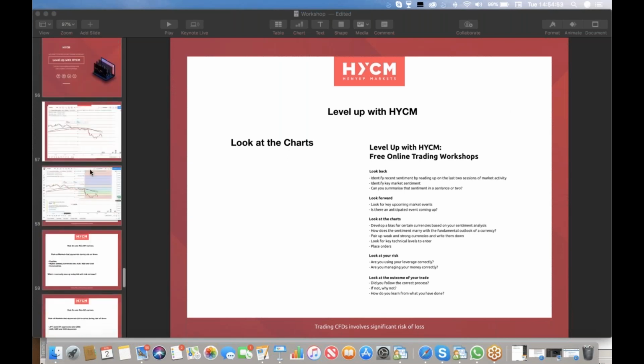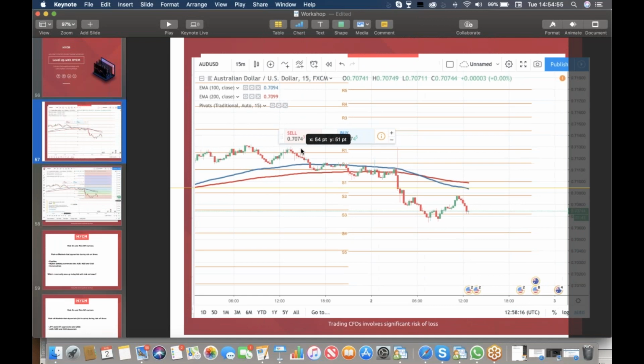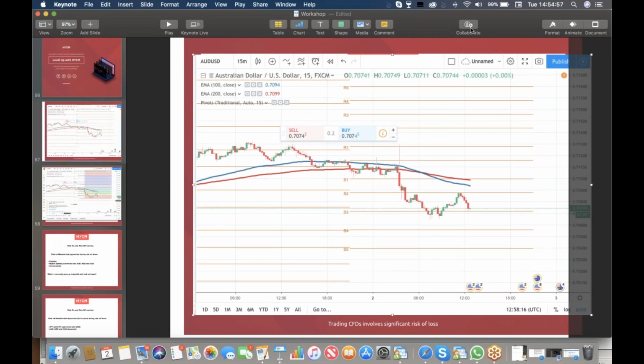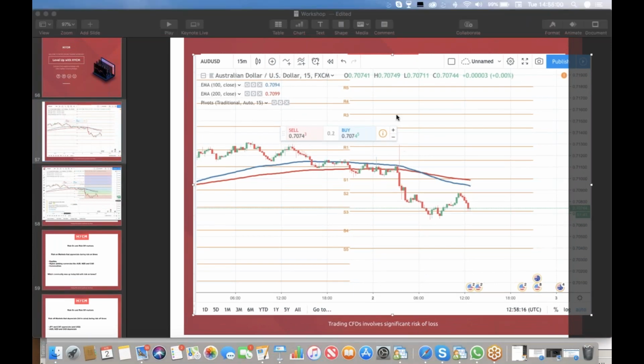Now, if you look here, here's the chart. Here's the Australian dollar US dollar chart, a 15-minute chart. This was the data point out of the RBA rate statement. We had the weakness. Then we saw price retrace up to the support 2 level and sell back off to this level here.